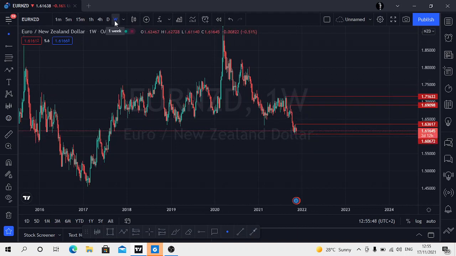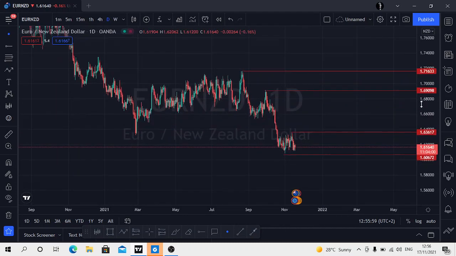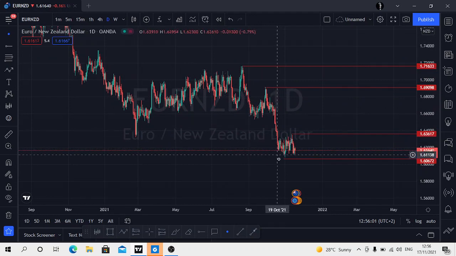So that's why you start from the weekly time frame if you're analyzing on a weekend, and if you're analyzing during the week, then you're going to look at your daily. Right, so hence we have established our highest high, our lowest low, and we have seen places where our market has made significant changes.